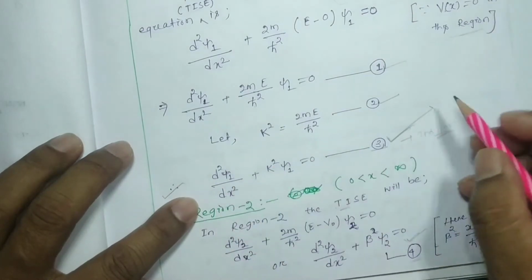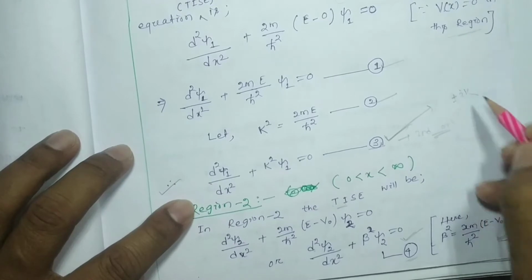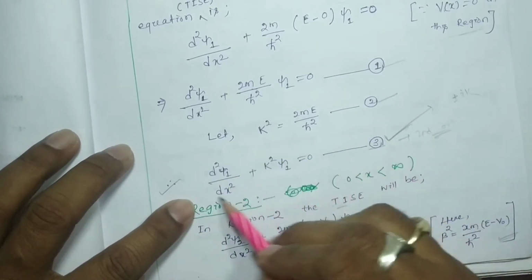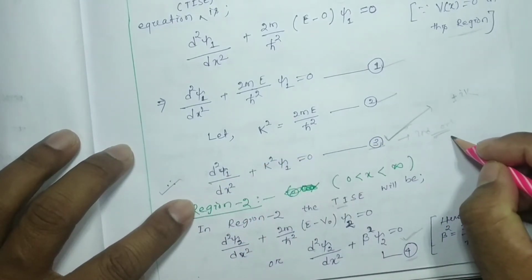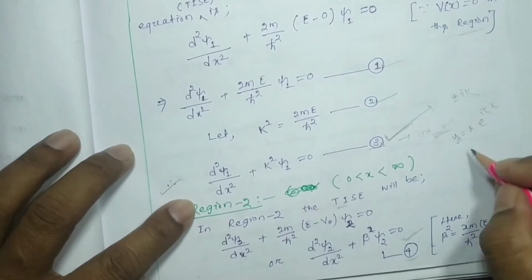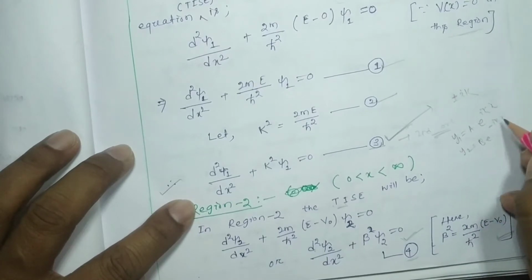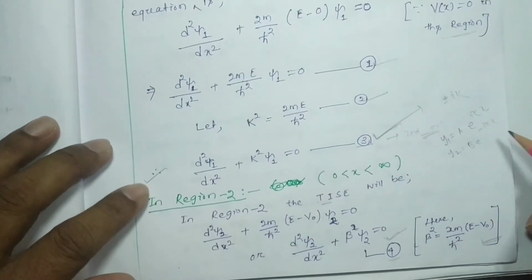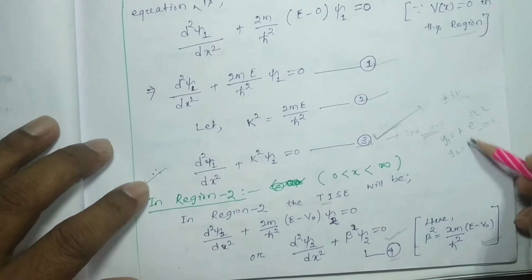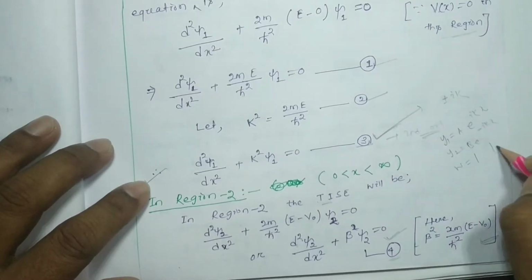Because this is a second order differential equation, we know before that the two roots of this differential equation will be plus or minus ik. So for this differential equation, y1 equal to A e^(ikx) and y2 equal to B e^(-ikx) will be two independent solutions, whose Wronskian is not equal to 0.